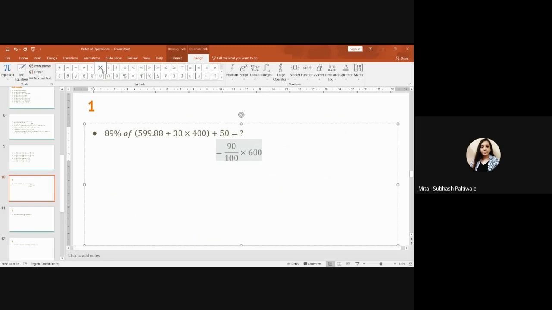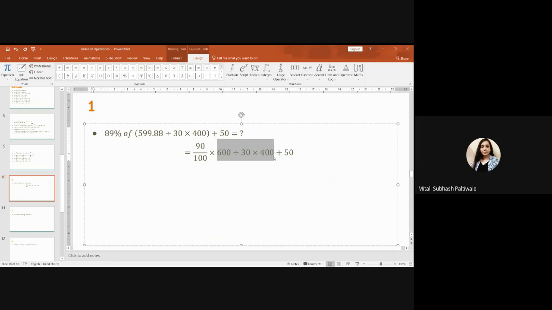Sorry, we are taking the approximation. So 89% we have approximated to 90%, and 599 we have taken as 600, divided by 30 into 400 plus 50. Now, one thing we have to do here is keep everything from this place to 400.